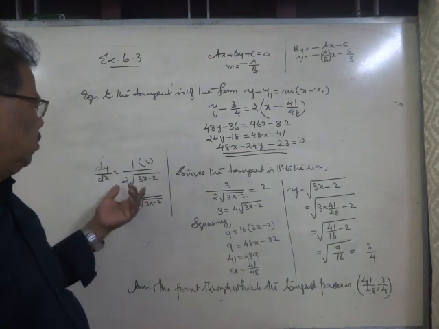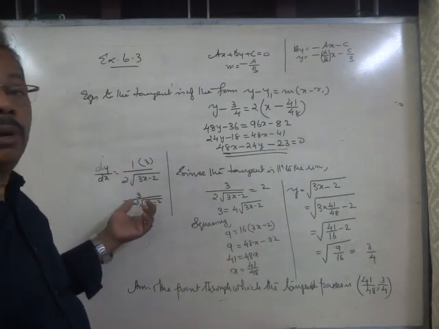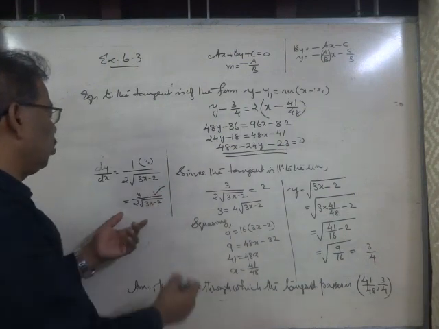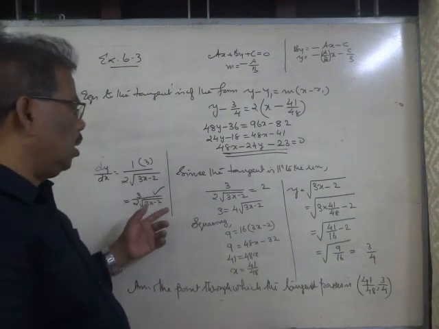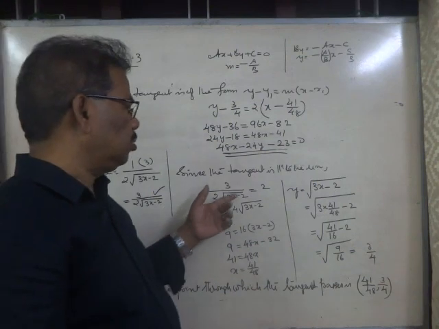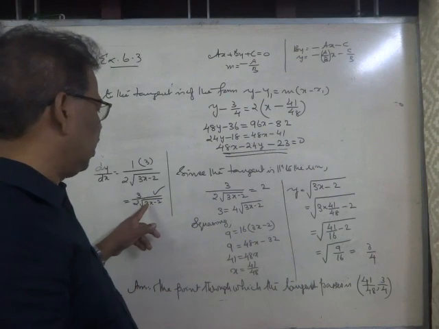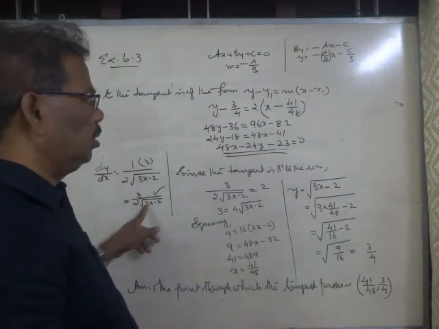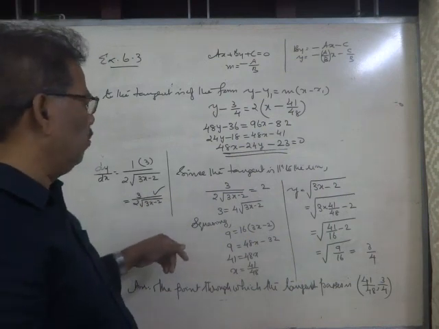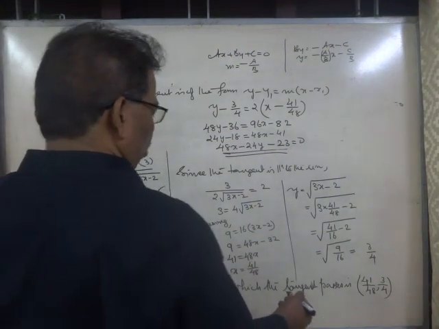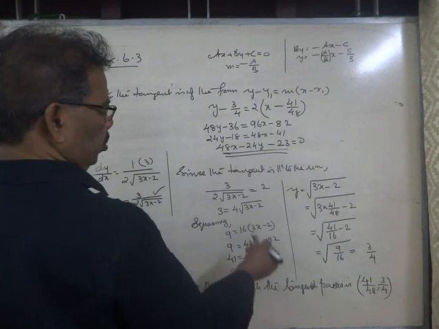First, we found out the slope of the tangent, that is 3 by 2 into square root of 3x minus 2. And this tangent is said to be parallel to a given line. So we equated that slope with the slope of the line, from which we got the point through which the tangent passes.